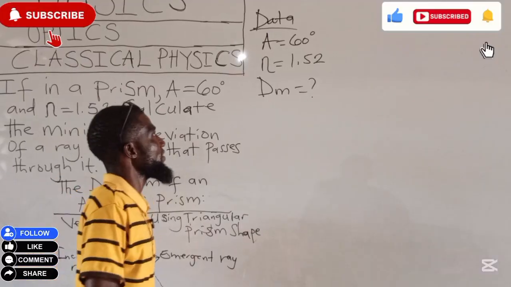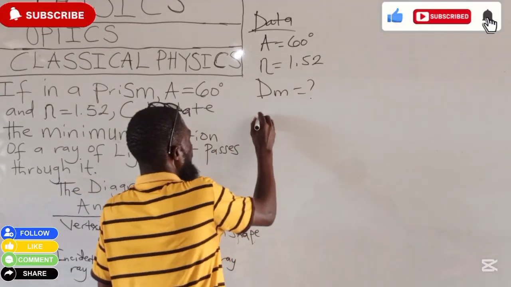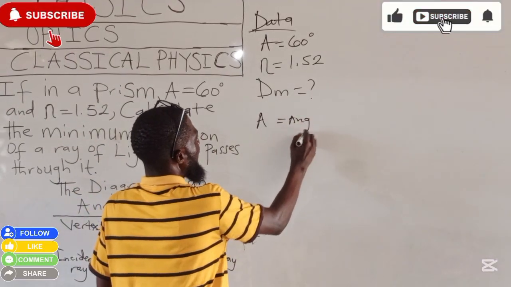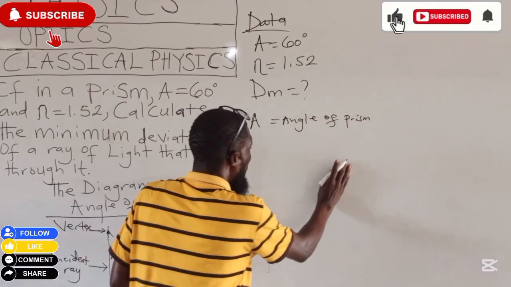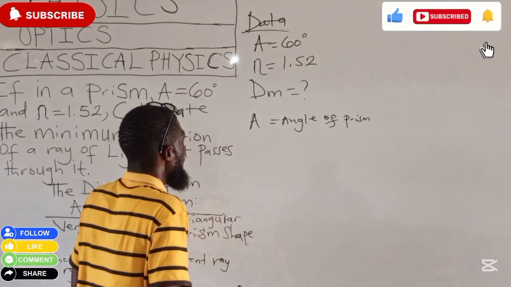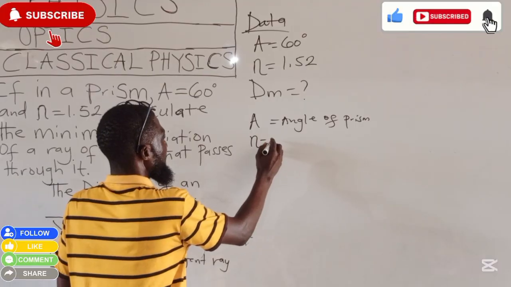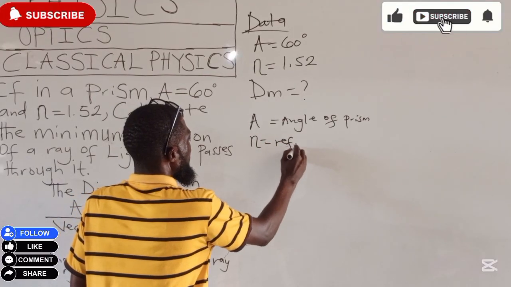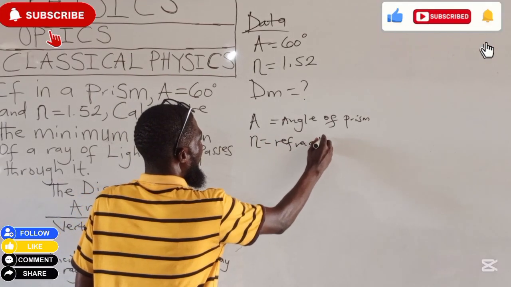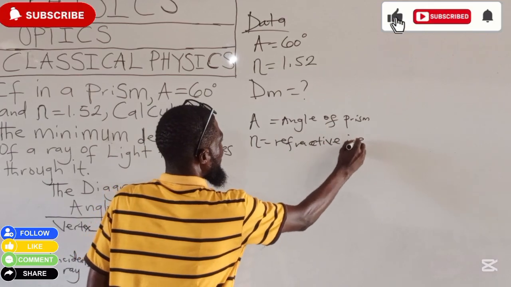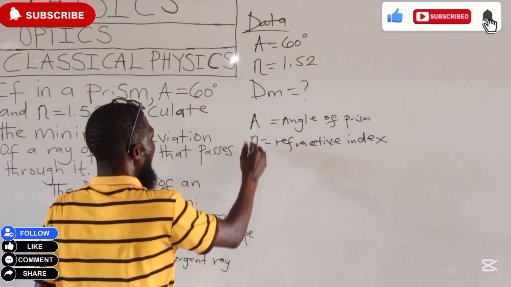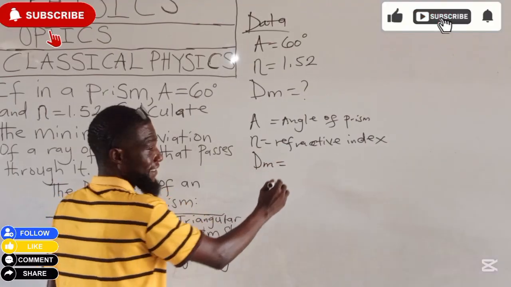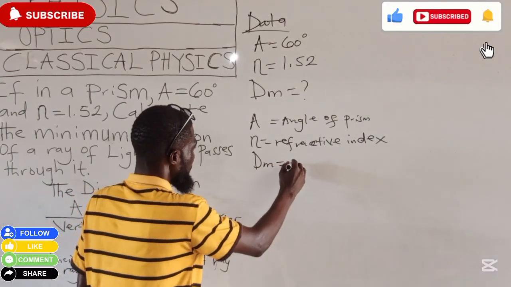Remember, ladies and gentlemen, A represents the angle of prism or the refracting angle, while n represents the refractive index or the index of refraction, while Dm represents the minimum deviation.